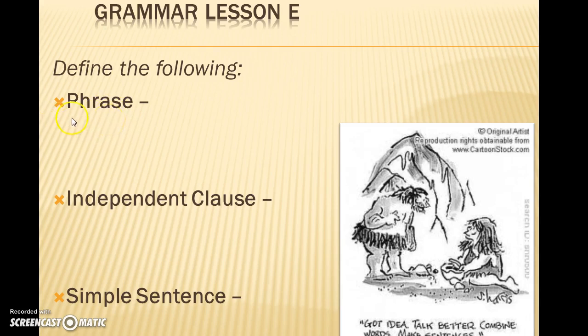The phrase that you're most familiar with, that you've probably heard about before in prior English classes, is a prepositional phrase. A prepositional phrase, remember, starts with one of those words that could come before the log, right? In the log, for the log, into the log, over the log, right? Those words, prepositional phrases.